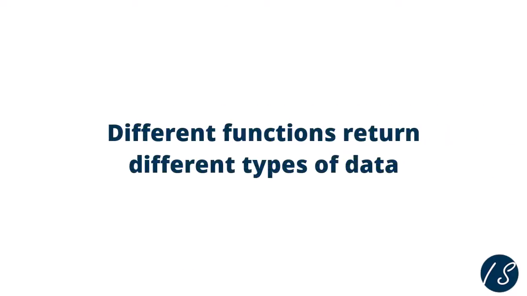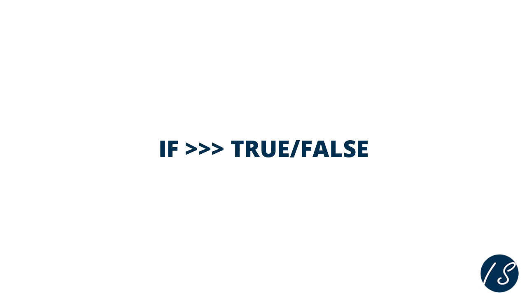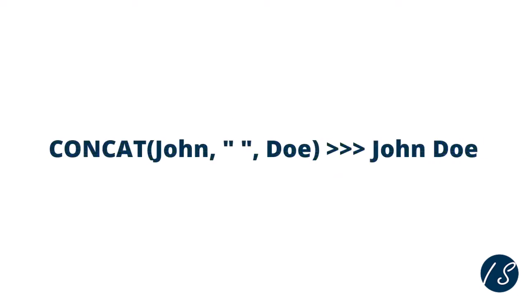What do Excel functions return when we give them arguments, inputs, or parameters? That depends on the function and the arguments we give it. For example, the sum function receives numbers and returns to us a number. The if function receives a condition, evaluates the condition and returns a true or false value or other custom values we set. The concat function may receive text values and return to us a text.